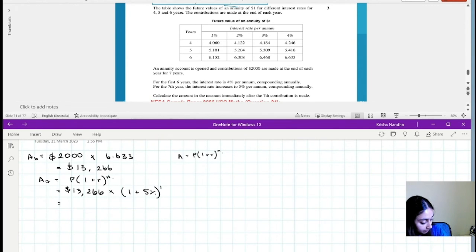Which is $13,929.30. Now that's how much the balance is after interest has been paid on the seventh year. However, I haven't included the final contribution that they make at the end of the year. So I'm going to add another $2,000.